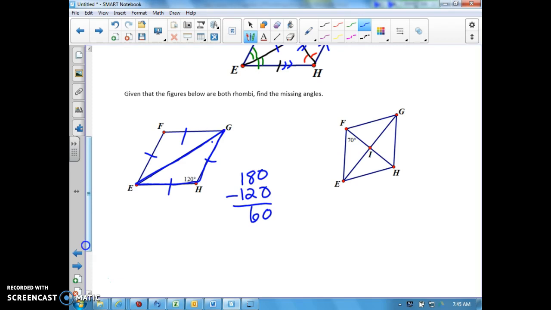So therefore, each of these two angles must be 30 degrees. And if these are 30 degrees, then these must also be 30 degrees because the diagonals of a rhombus bisect a pair of opposite angles. And opposite angles in any parallelogram are congruent, so this guy must be 120 as well. I want you guys to do this one on your own.